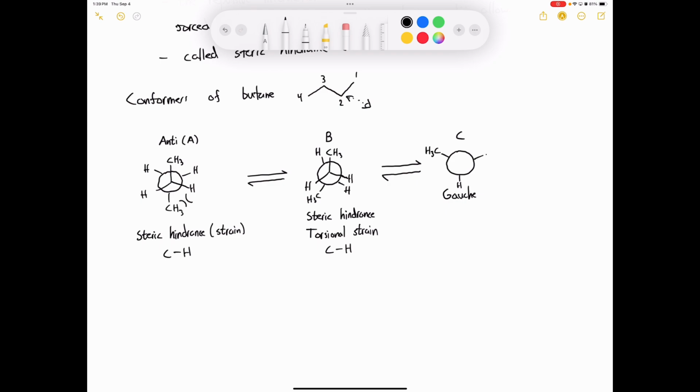H3C, H. What happens here is you're still going to see some interaction. The major strain in this one is steric hindrance again.